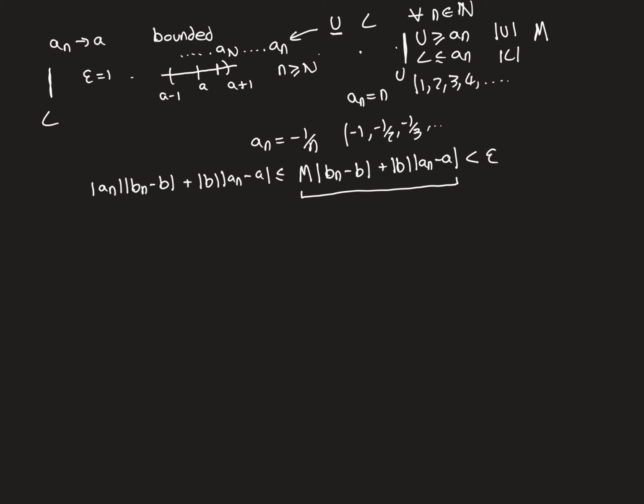So now all we have to do is apply the definition of convergence of the sequence of A and the sequence of B, and we just have to pick our epsilons cleverly.